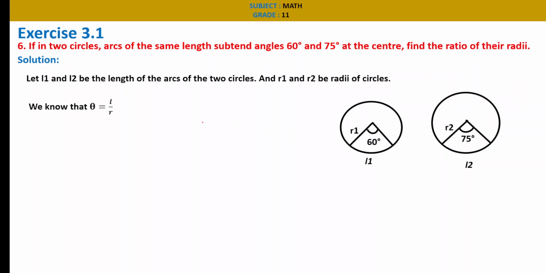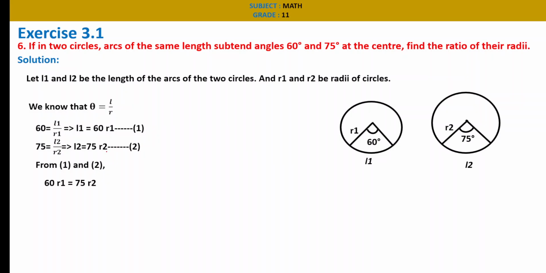Now, we know that theta is equal to L by R. So, in the first circle, 60 degrees is equal to L1 by R1, that is, L1 is equal to 60 R1. In the second circle, 75 degrees is equal to L2 by R2, that is, L2 is equal to 75 R2. Now, from 1 and 2, as L1 is equal to L2, 60 R1 is equal to 75 R2.